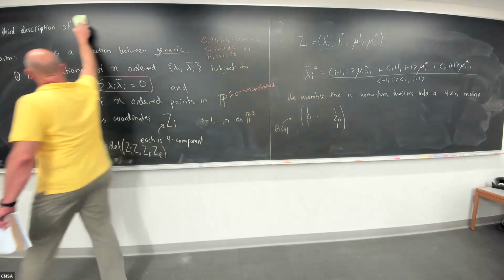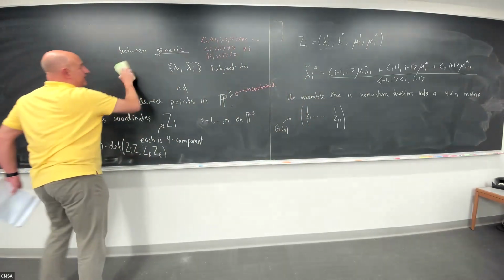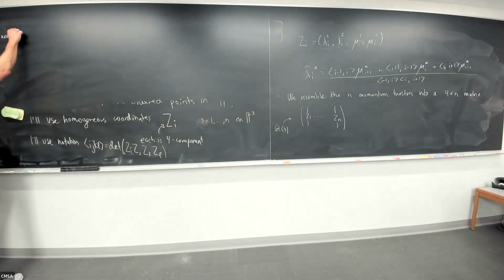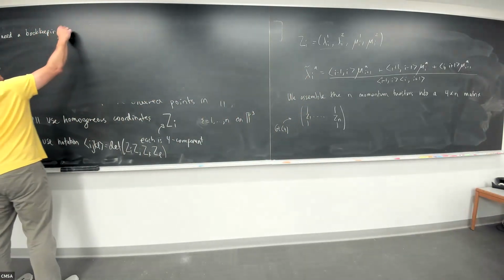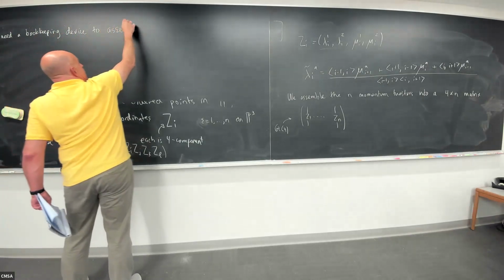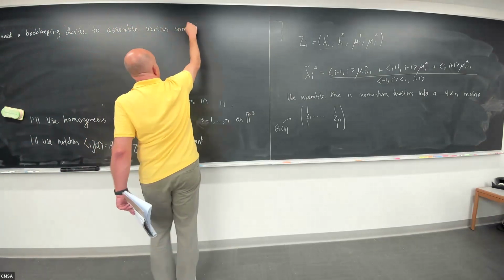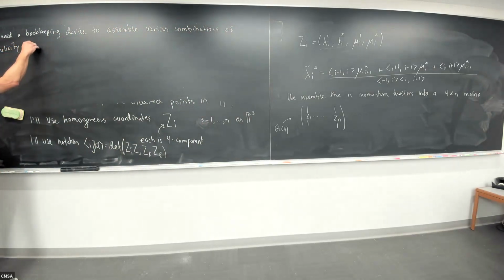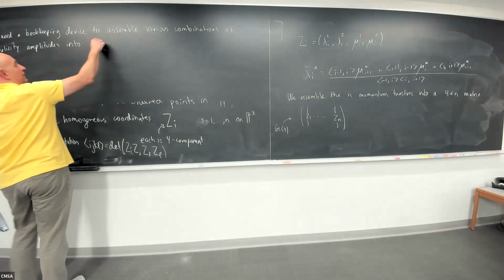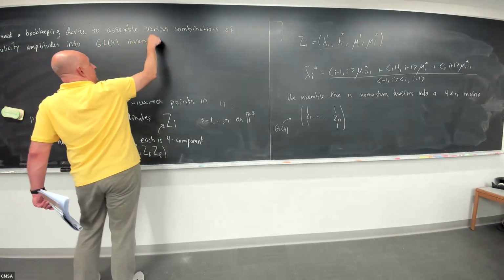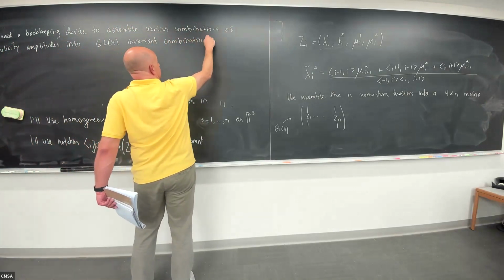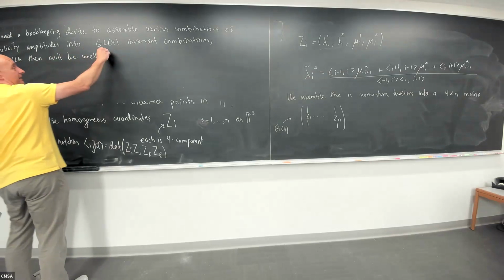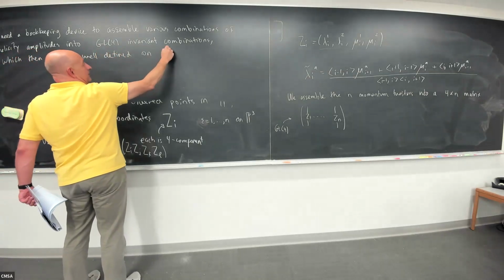So the last ingredient we need before we can make a direct connection to the amplituhedron is a bookkeeping device to assemble various combinations of helicity amplitudes into GL4 invariant combinations, which then will be well defined, at least on an open set on the Grassmannian.